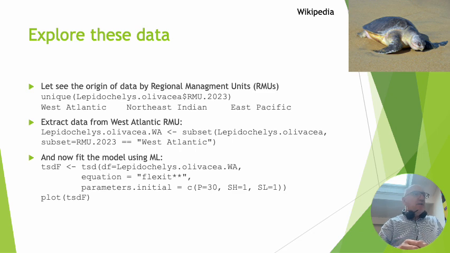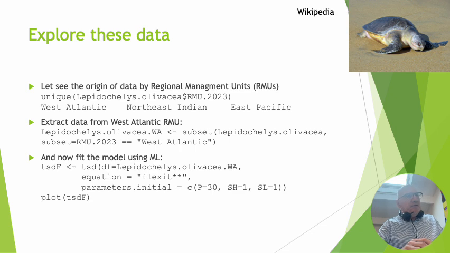Now, let's fit the model using maximum likelihood with the function TSD. In TSD, you give the data frame of the data you have extracted. You say what equation you will fit. Here, we will use flexit double star.